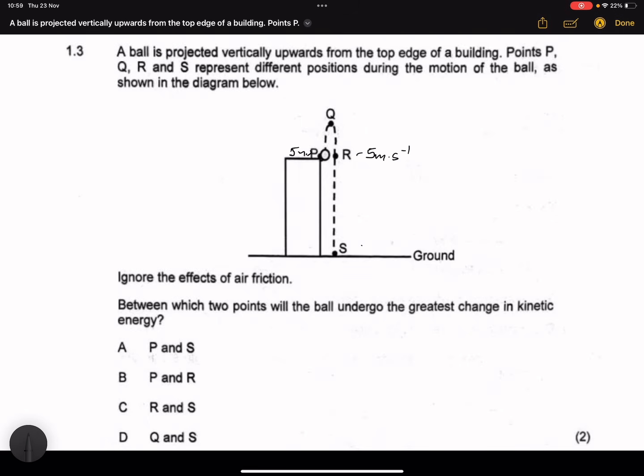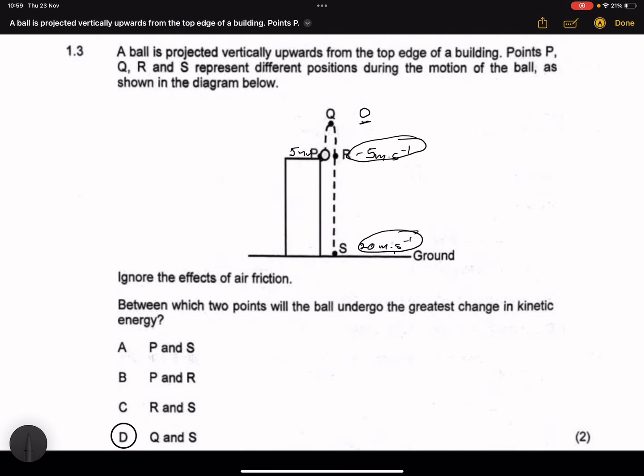And suppose, let's say, it gets to the ground at 20 meters per second, right? Now, if you were to take the kinetic energy for 20 meters per second, minus the kinetic energy there for 5 meters per second, you get an answer. However, that answer would not be greater than if we took 20 minus that point where it is at 0 meters per second, right? So the greatest change in kinetic energy should actually be between the points Q and S. And that answer is in D.